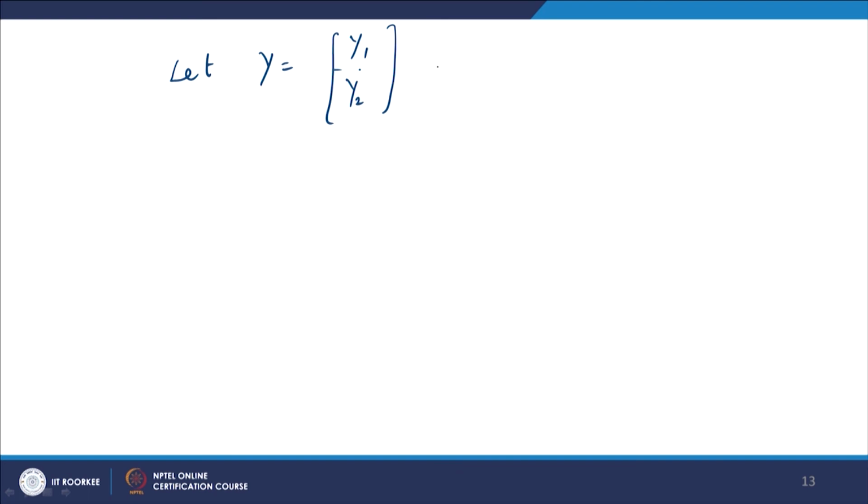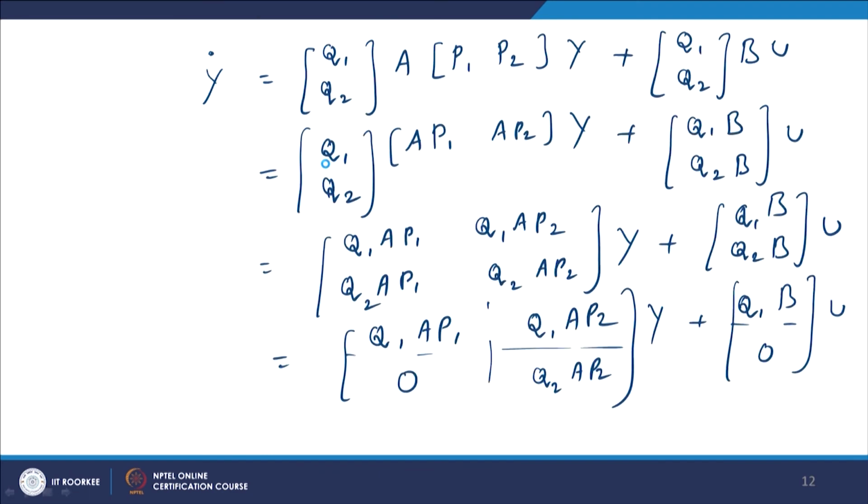So, if you write like this, then from the previous page we get y1 dot, the derivative of y1, is Q1 AP1 into y1 plus Q1 AP2 into y2 plus Q1 B into U vector.